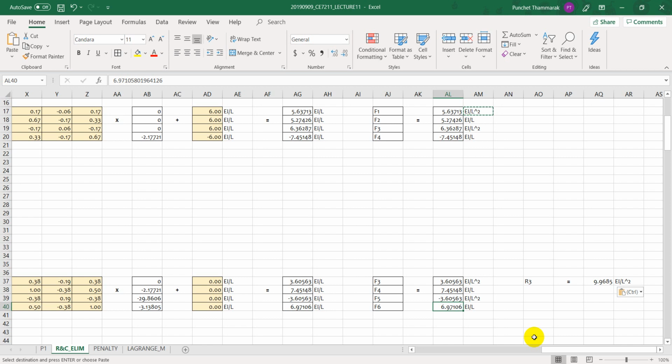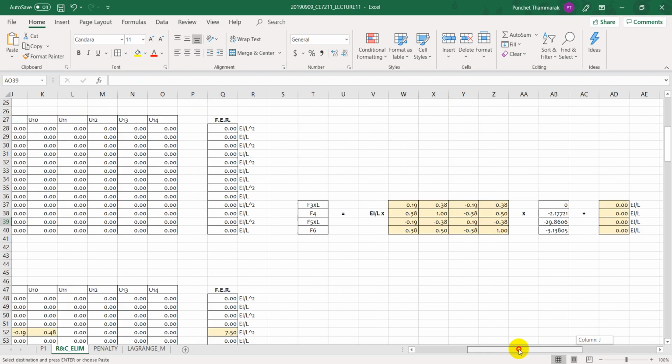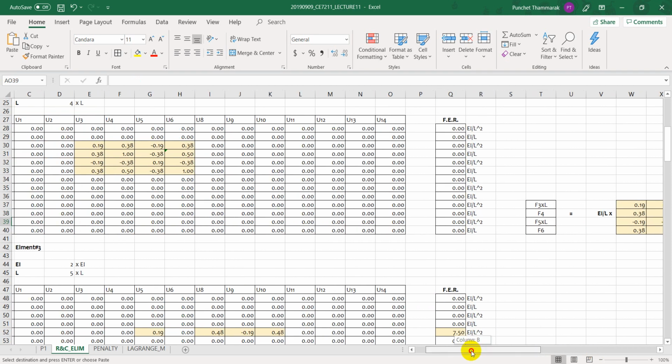That relative rotation multiplied by the rotational spring stiffness should be equal to this moment. So let's see. F4, okay. F5, okay, hinge force, okay. F6, alright. Then we come to the next element.